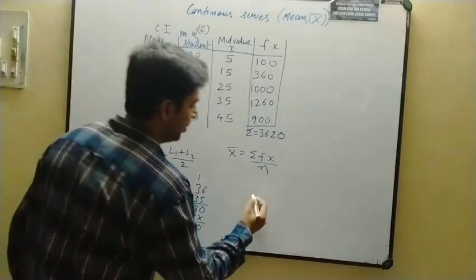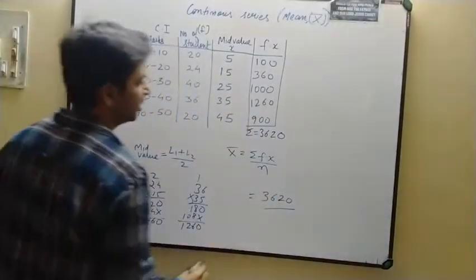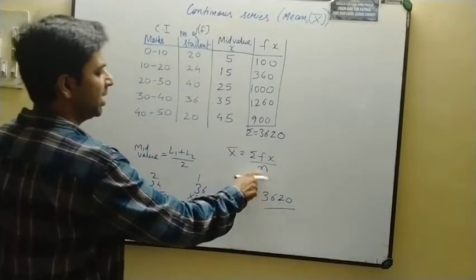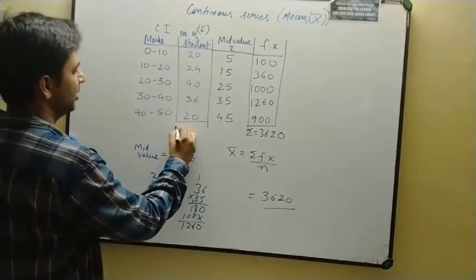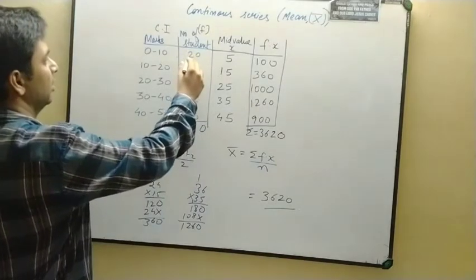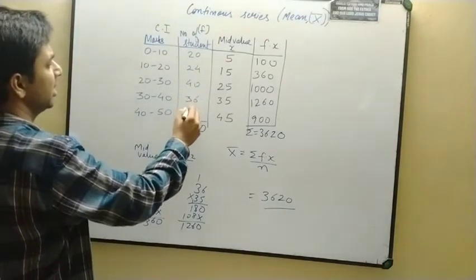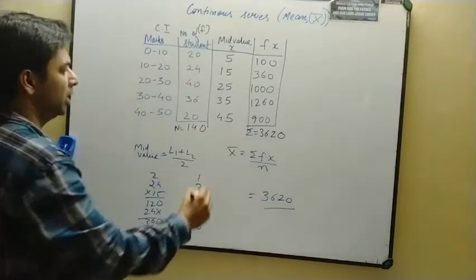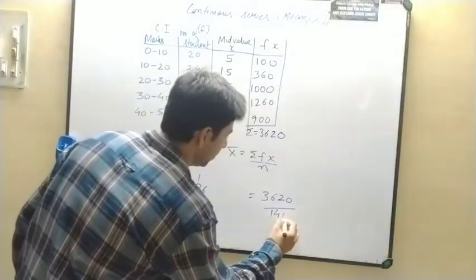So we got this upper figure, 3620. We still need n. N will be the total of the frequencies. So let us calculate what n is. 5, then 4, 9, 9 and 5 will be 14, so it will be 140. Just write this 140 over here.